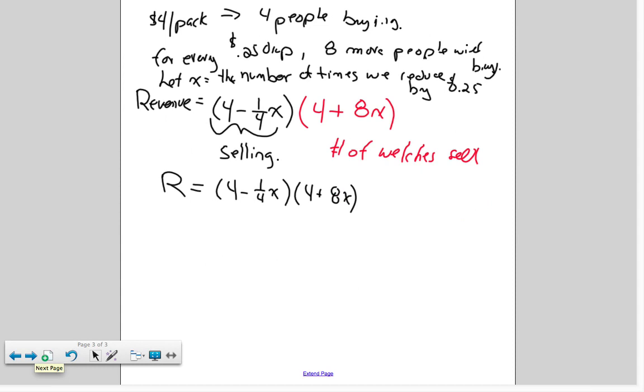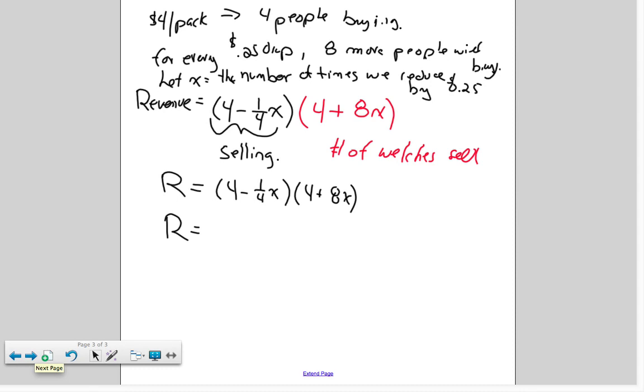I don't want to set revenue to 0, so I'm not solving for x here. So that's important to know. In this equation, I'm not solving for x, I don't want revenue to be equal to 0. So here revenue is equal to, I'm going to expand this out.